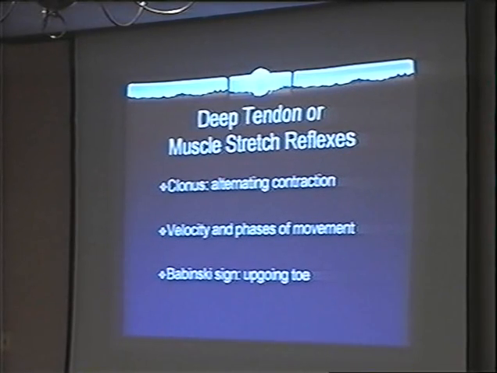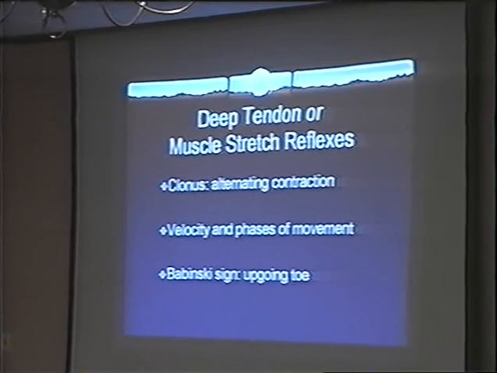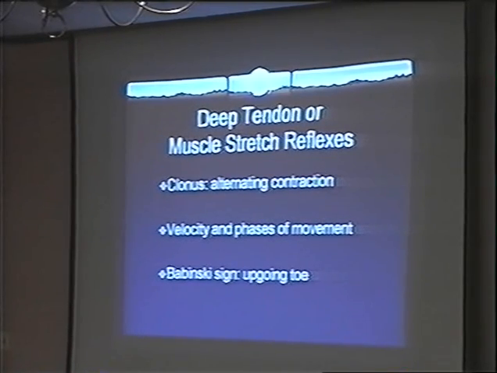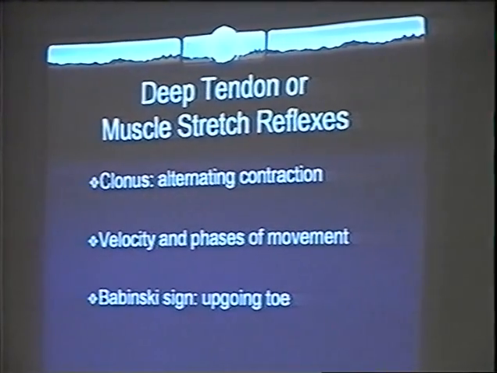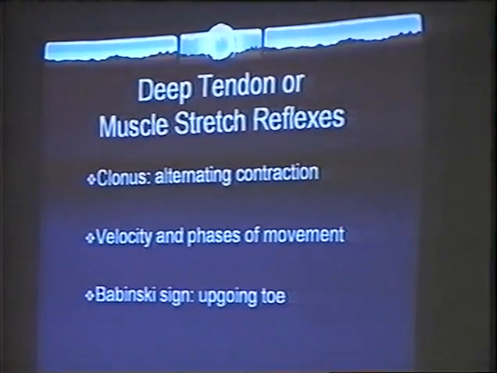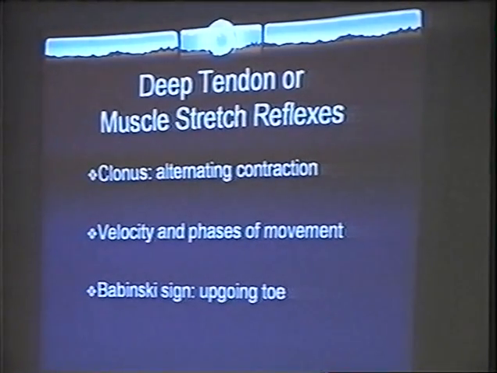And I've actually had clonus when I'm very, very tired. So if you're sitting in a certain position, you've been skiing all day, something like that, you might experience a little bit of clonus yourself. But most of the time it's an abnormal sign of upper motor neuron injury.